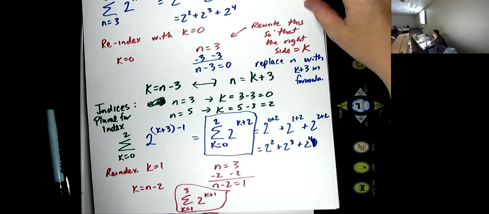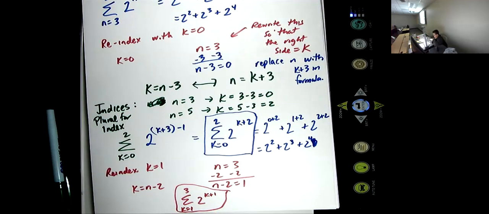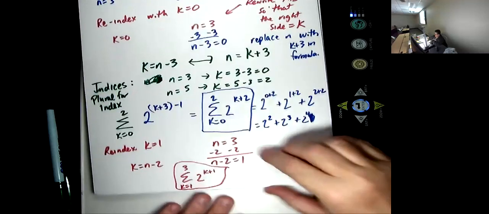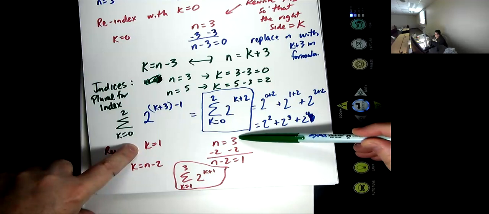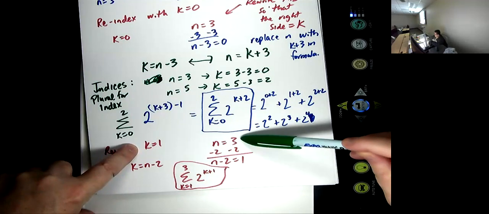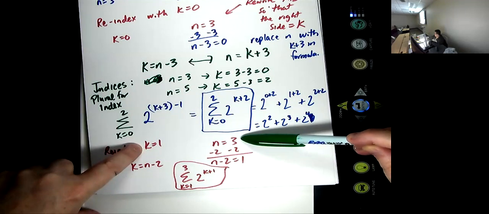You guys ready? Yeah, Matt. So when you first re-indexed to k equals 0, and in the second one, you did k equals 1, set equal to k and n minus 2? Where we did that? Right here. K started with 1, n started with 3. I want to rewrite this so that the right side has the same value as 1.